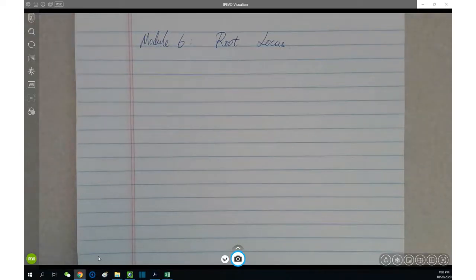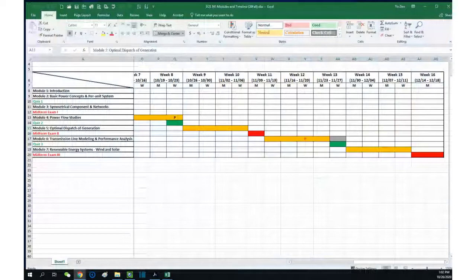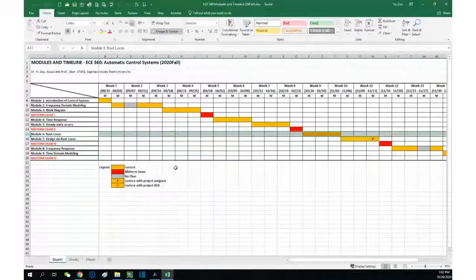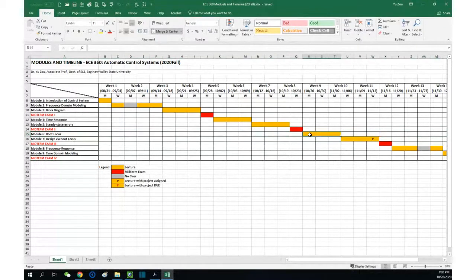All right, today is the first lecture for our new module, module 6: Root locus. Okay, we are right here at this cell. So we are at Monday of week 9.